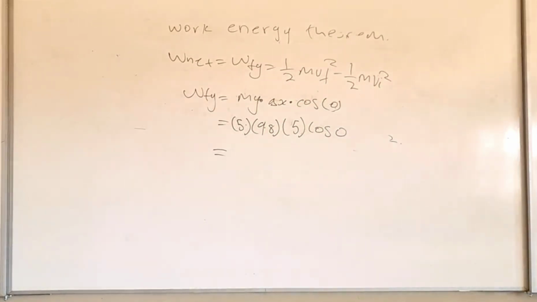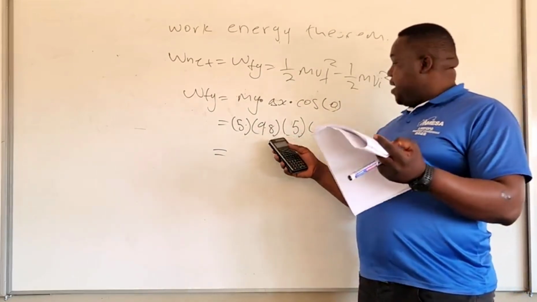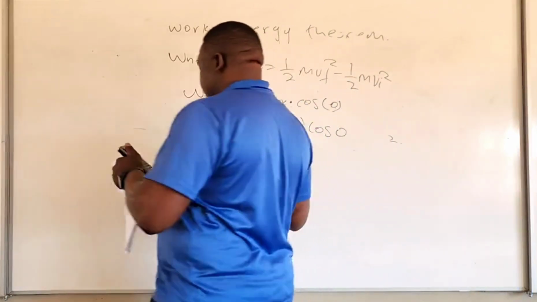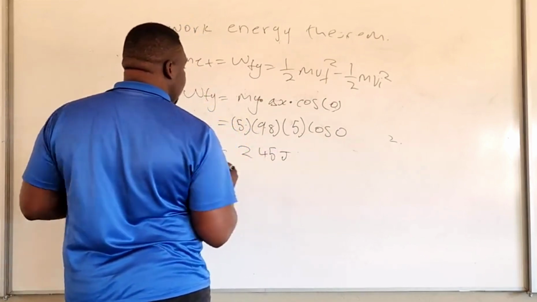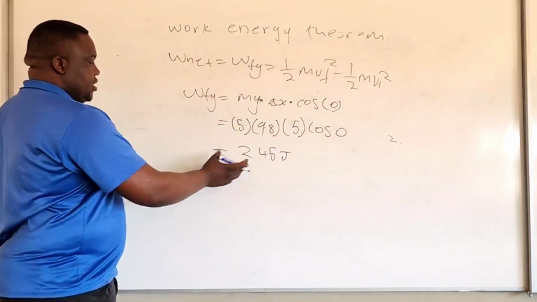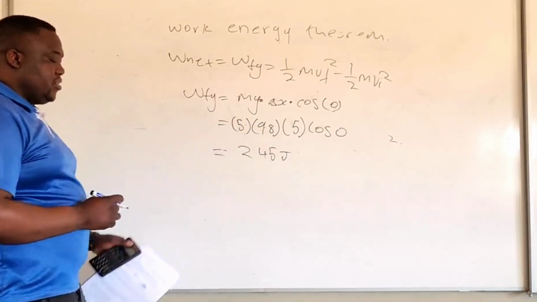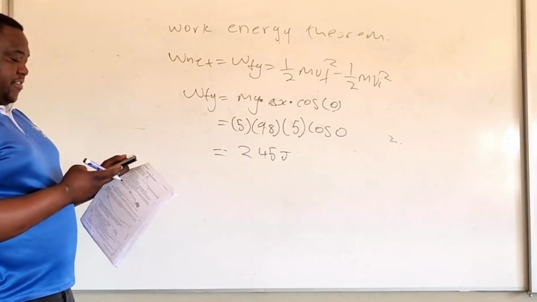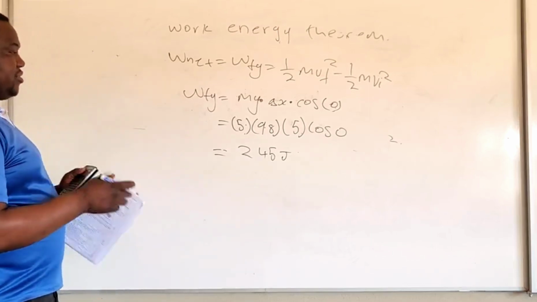Okay, so we're just going to multiply 5 by the gravitational acceleration by the height, by cos 0, and that is going to give us 245 joules. That is the work done by gravitational force. You can confirm: 5 multiplied by 9,8 multiplied by 5 multiplied by 1. Because cos 0 is 1, it's 245 joules.